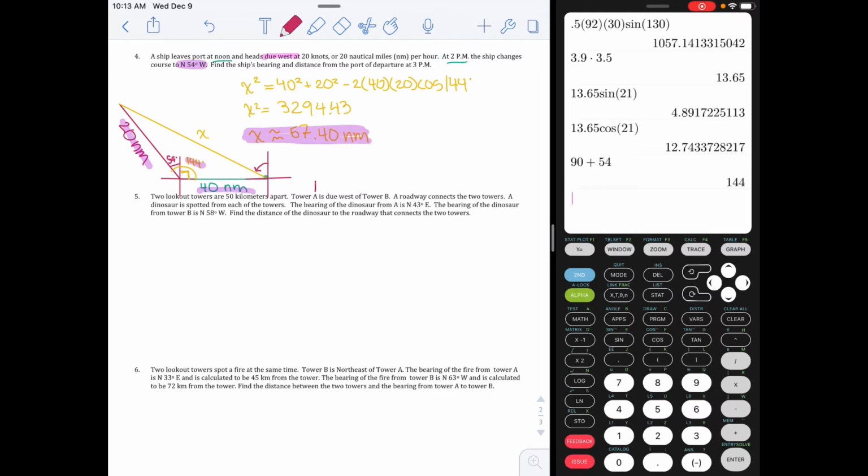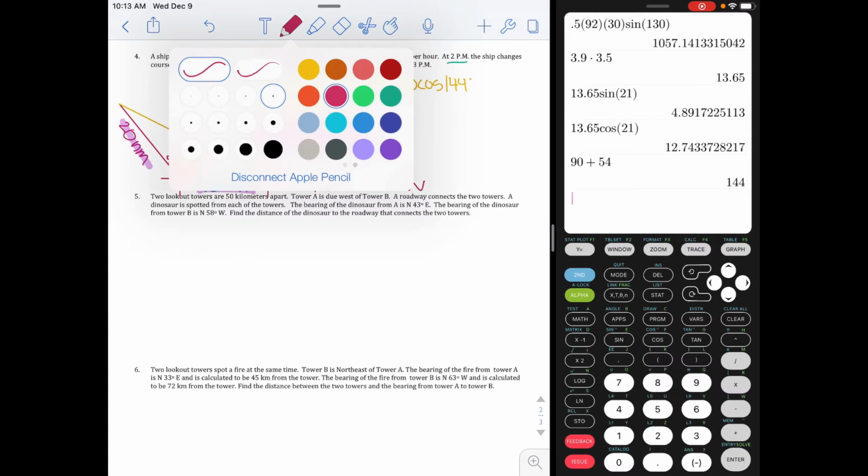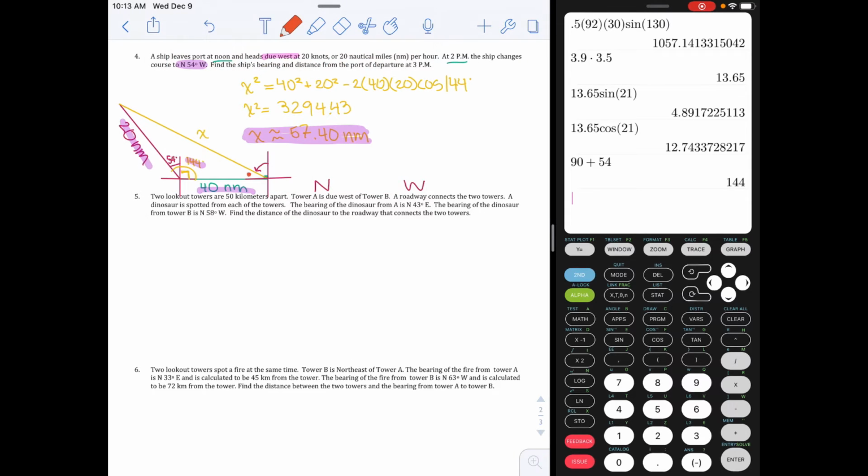So I'm coming from the north and I'm going to the west, right? Now I just have to fill in the theta, the actual degree that I need to find. Well, I don't have any other angle in here that I could use alternate interior. So the issue I'm having, guys, is I don't know what this is. Once I find that out, I can just take that away from 90 because it makes a 90 degree at that bearing, and then I'll know the actual bearing, right?